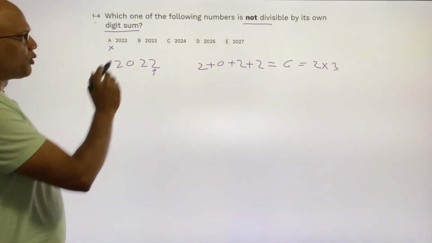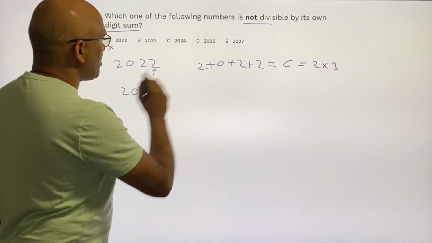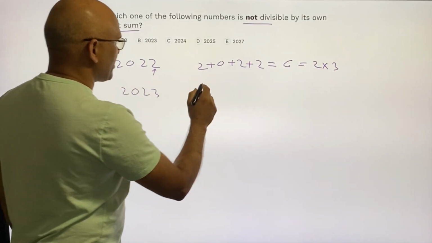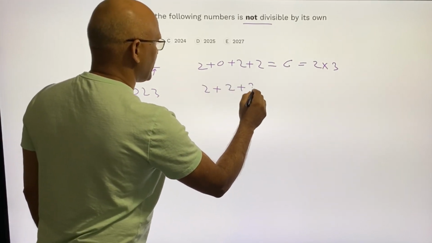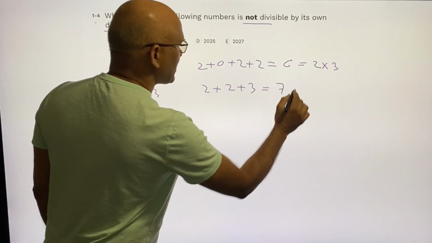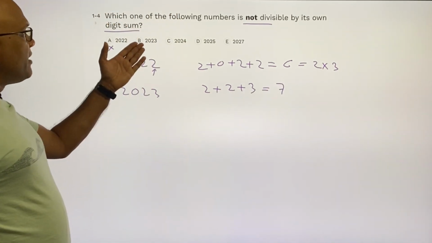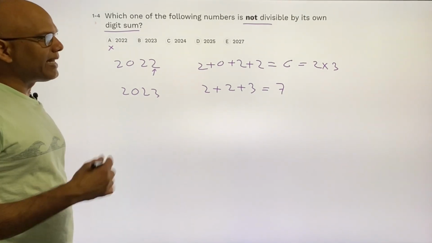Let's check the next number, 2023. The sum of the digits is 2 plus, I'm going to ignore 0, 2 plus 3, so this is going to be 7. Of course I can divide this number by 7 and check if it is divisible, but there is a quicker way.